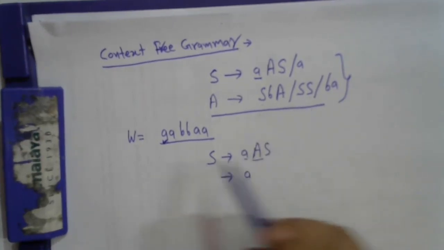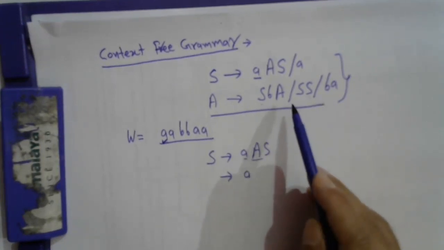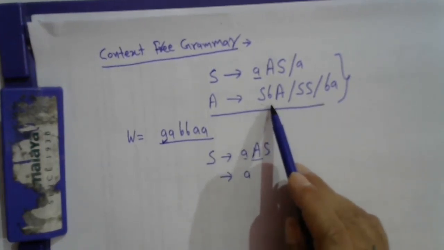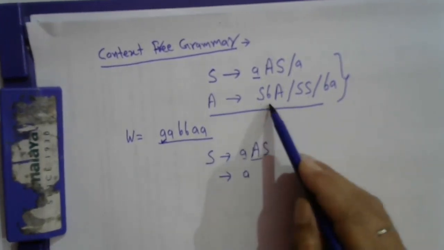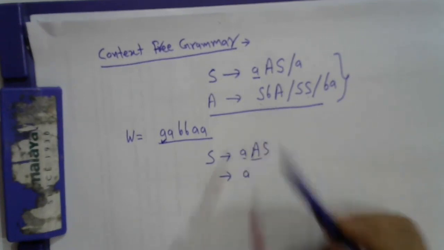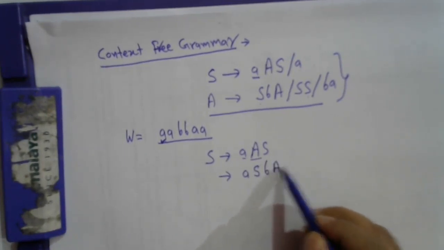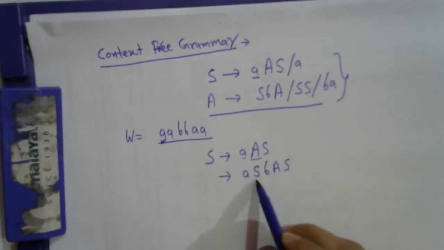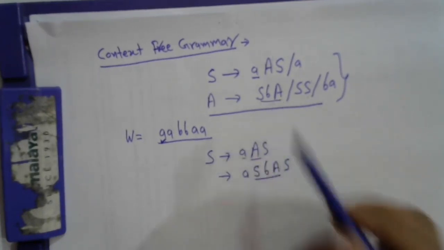Because the next is again b, we use b from this production, so A goes to SBAS. These are the symbols that come from this production rule.